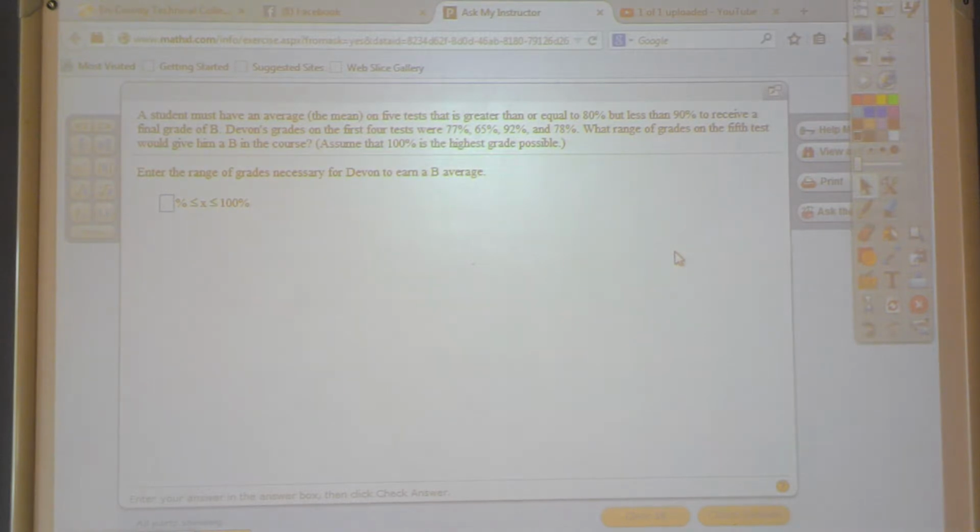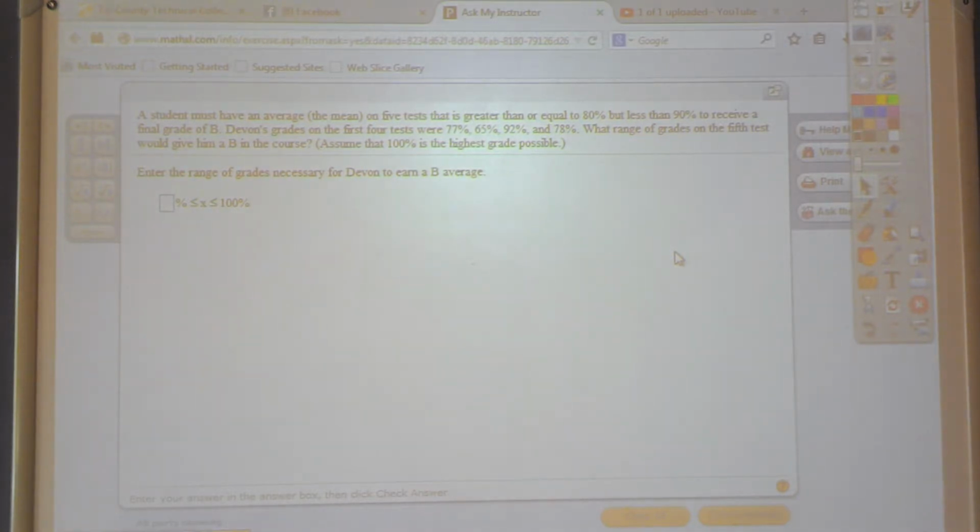A student must have an average of 5 tests that is greater than or equal to 80, but less than or equal to 90 to receive a final grade of B. Devin's grade on his first 4 tests are given. What range of grade on his 5th test would give him a B for the course?